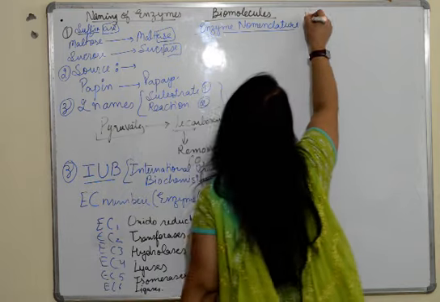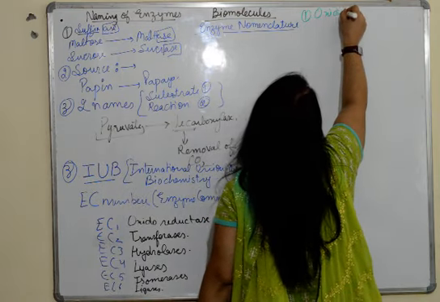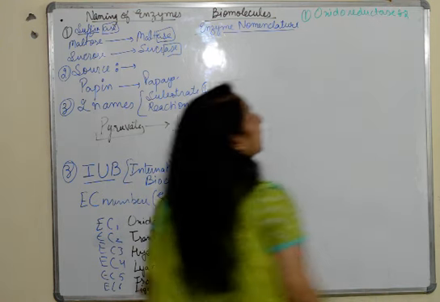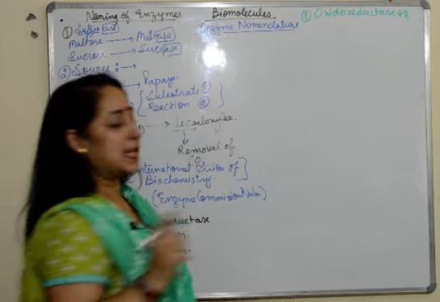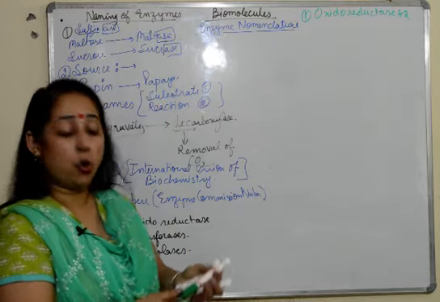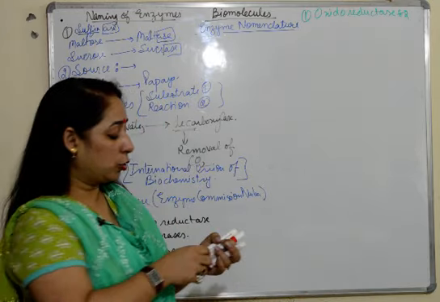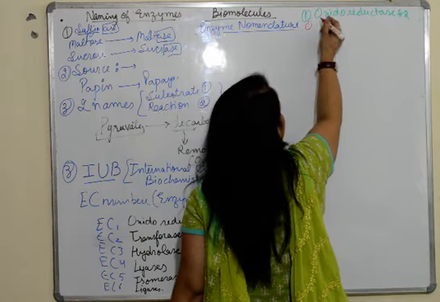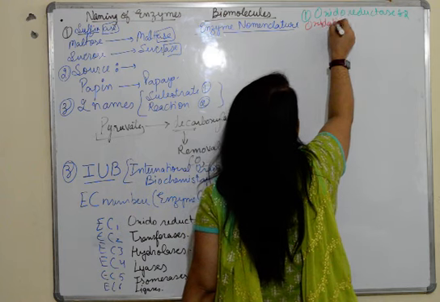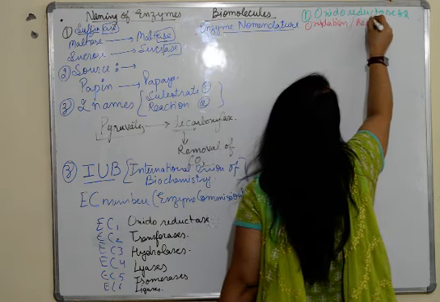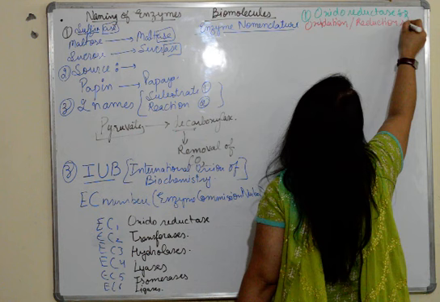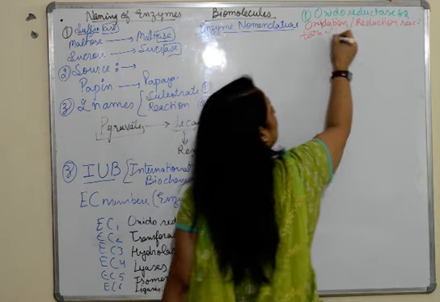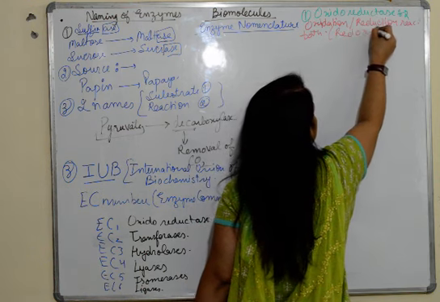The first one is oxidoreductase. The category of oxidoreductase enzymes are the ones which undergo both oxidation and reduction. These enzymes undergo oxidation and reduction reactions, both in one go, so they are also known as redox reactions.